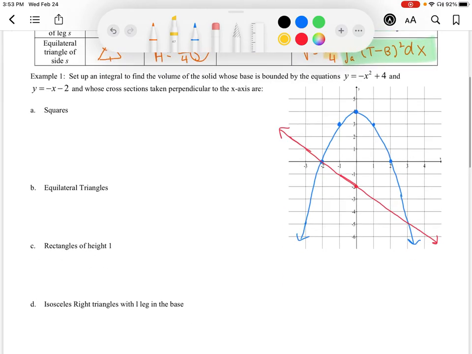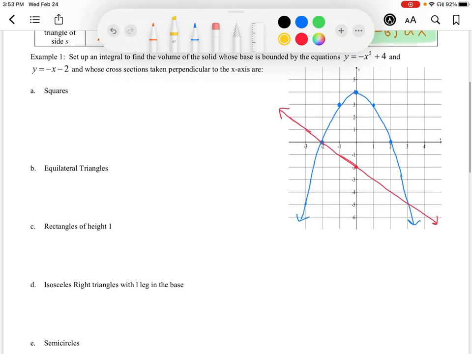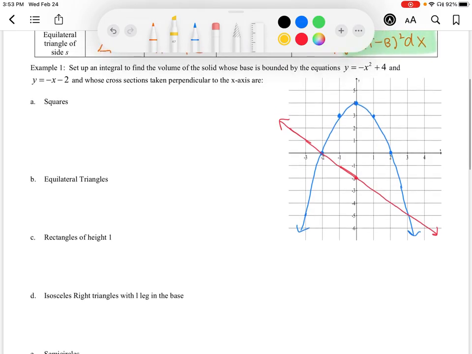Okay, so example 1, we're going to do a bunch of practice with these. And to make this video go a little bit quicker, I've already drawn our graphs over here. So we're setting up the integral to find the volume of the solid whose base is bounded by the equations y equals negative x squared plus 4, which is my blue parabola, and y is equal to negative x minus 2, which is the red line.